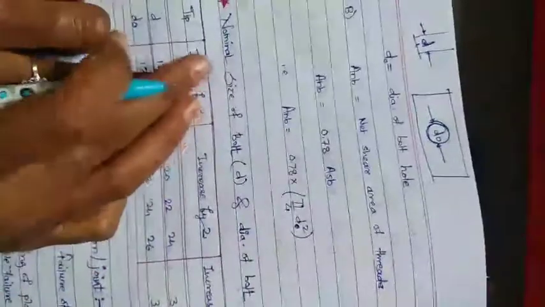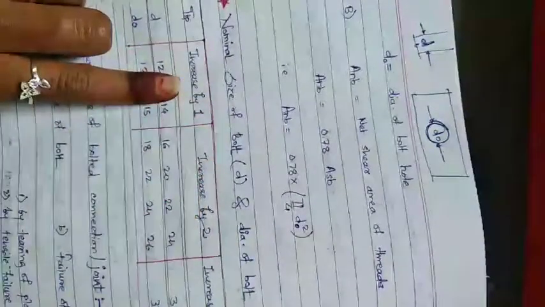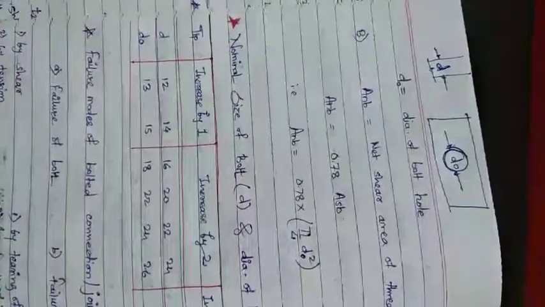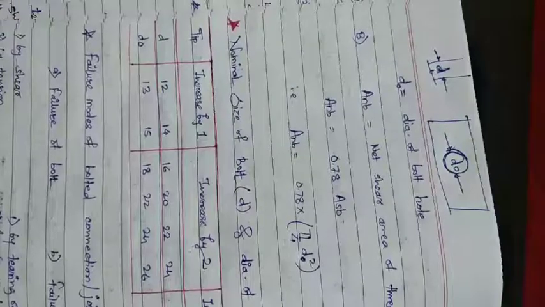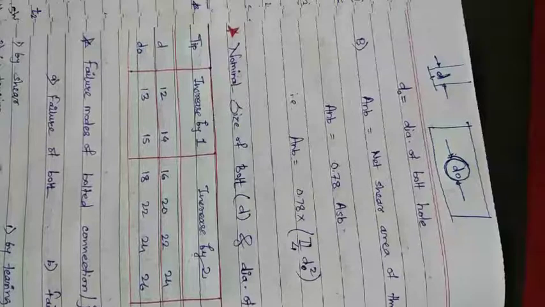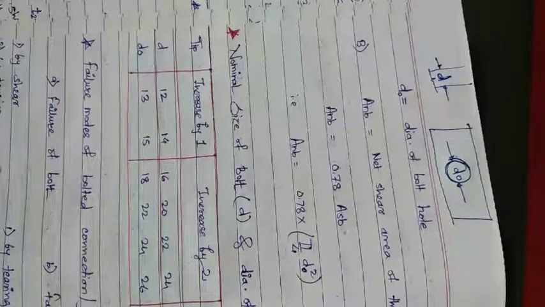Next our topic is nominal size of bolt, that is d, and diameter of bolt hole. As you are going to connect the bolts, if the bolt size and bolt hole size are the same, then we cannot fix the bolt perfectly in that type of hole.